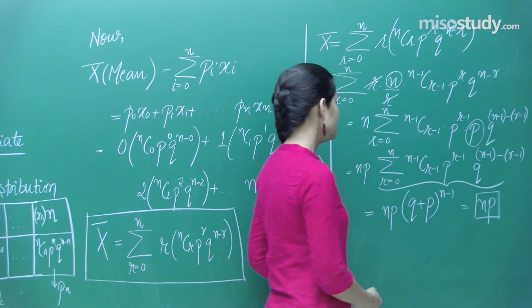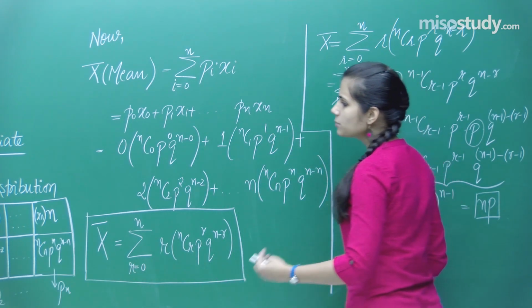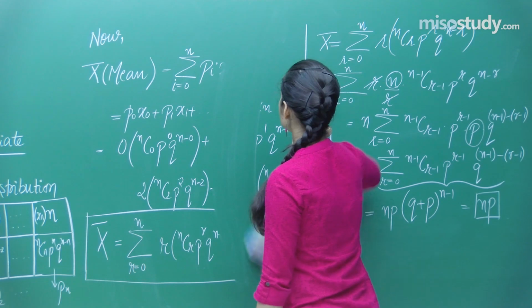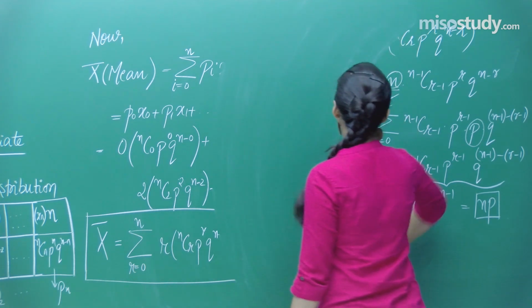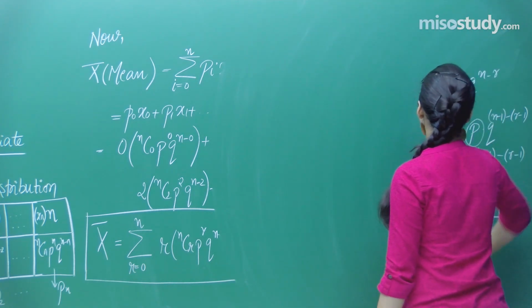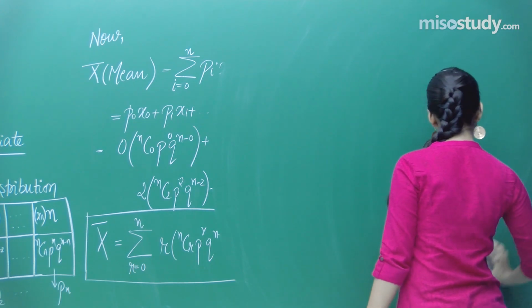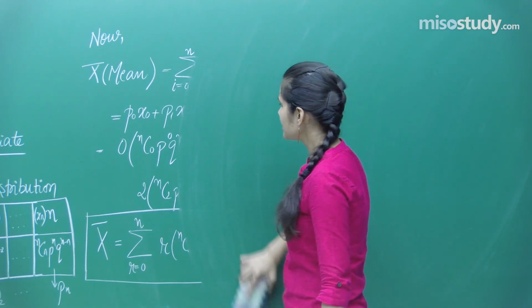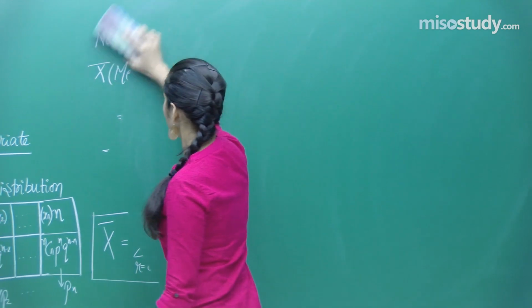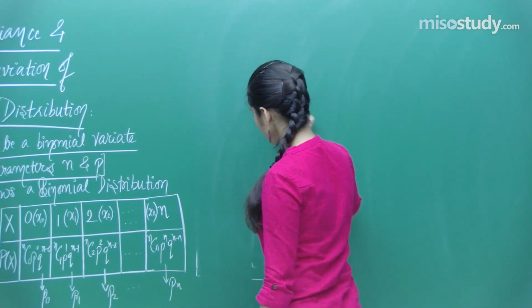Clear? If mean is understood, let us move ahead with understanding variance. Now again I am going to use the same logic. What logic am I going to use?